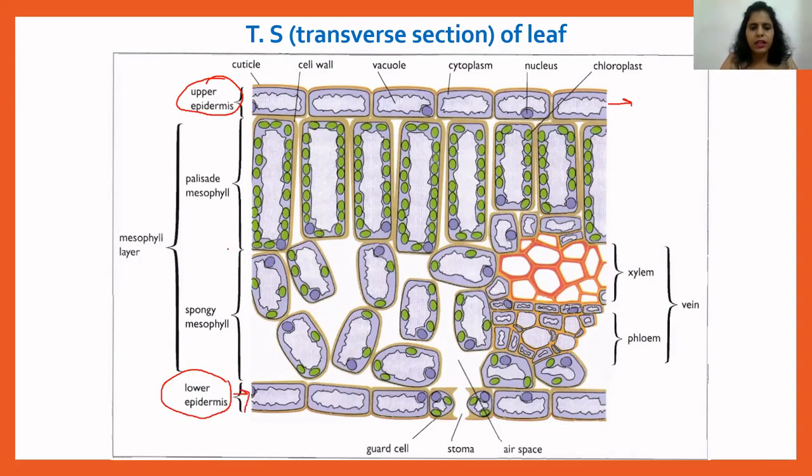Now this upper epidermis is continuous. Continuous means there is no gap in the upper epidermis, nothing present between the cells of the upper epidermis. But the lower epidermis is not continuous.